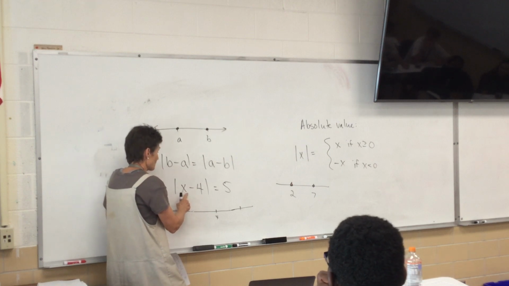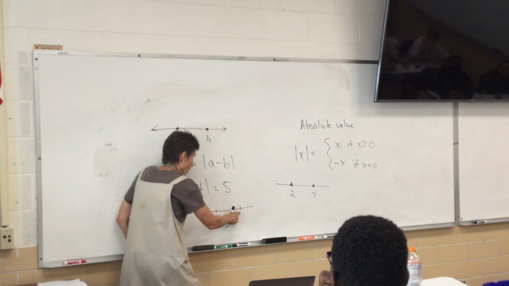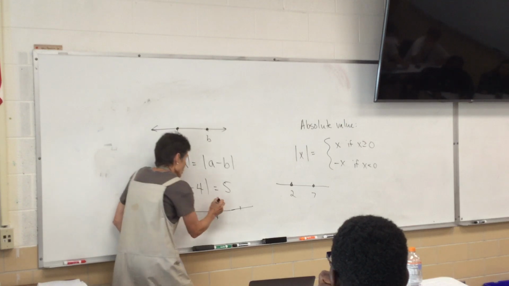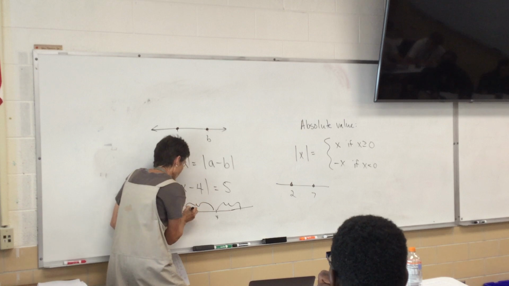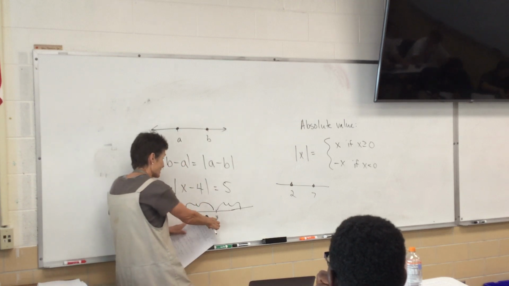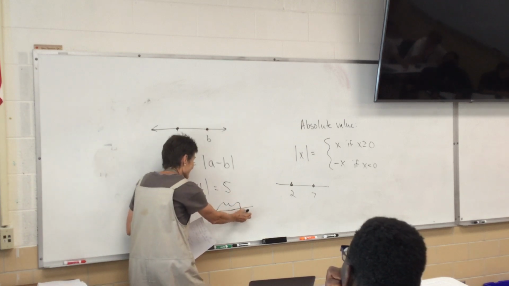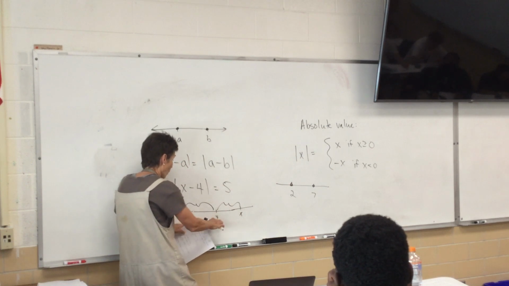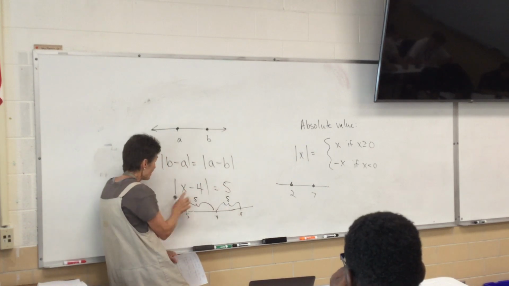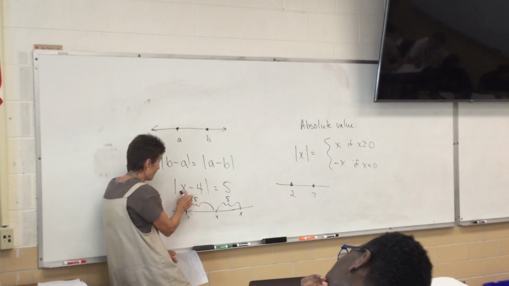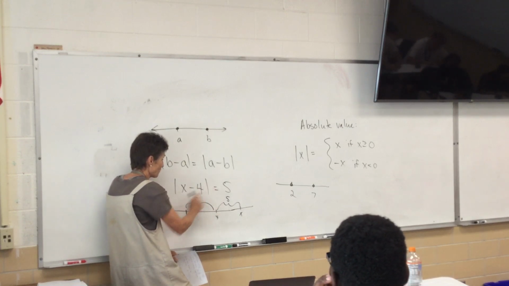The distance between some number and 4 is 5. So that number x could be out here or out here. Would you agree with me? If the distance between x and 4 has to be 5 units. That's exactly what this says. The distance between some number and 4 is 5.